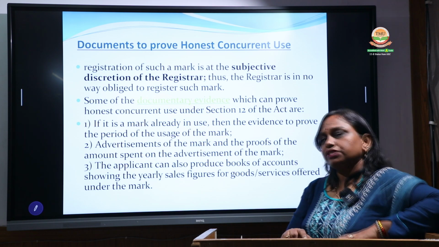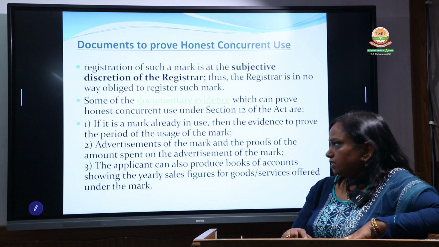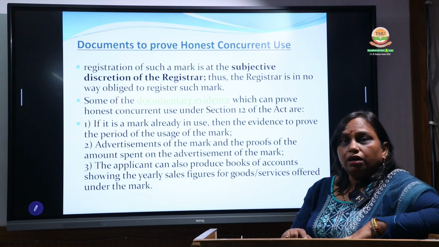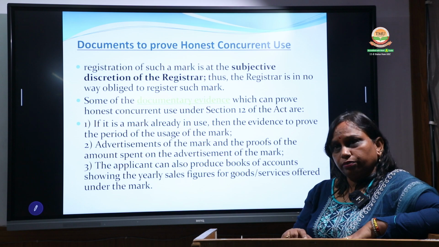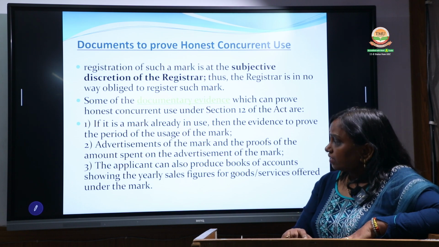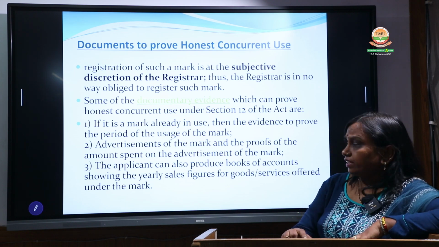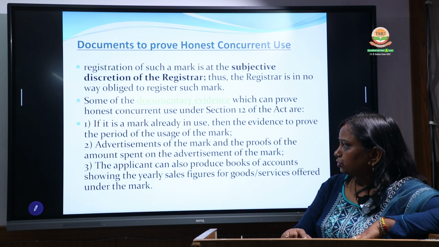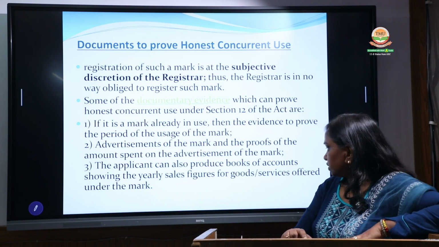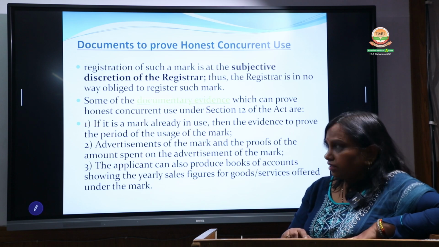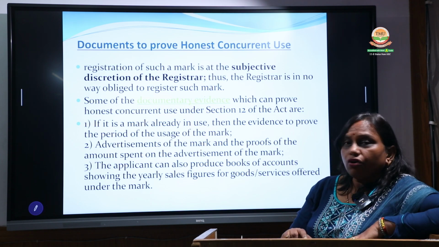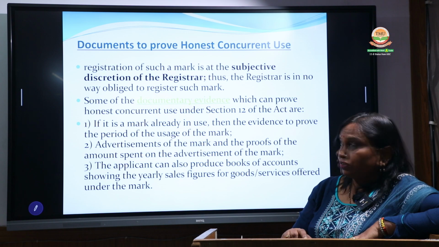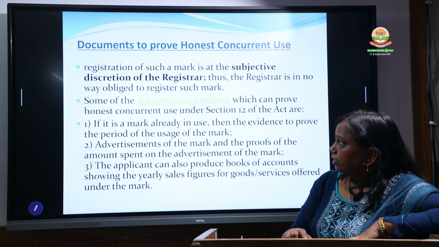If any company has been using a particular mark in advertisements since long, then it has to present the documents before the registrar. Third, the applicant can also produce books of accounts showing yearly sales figures of goods and services offered under the mark. So all these things need to be proved as per the doctrine of honest concurrent use.